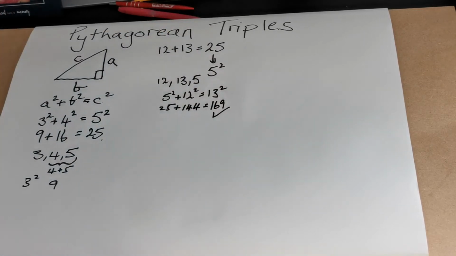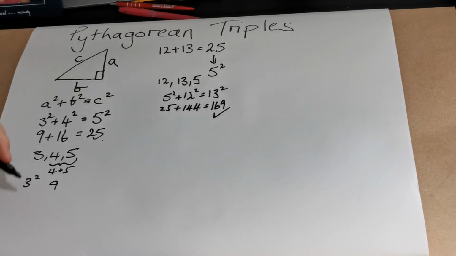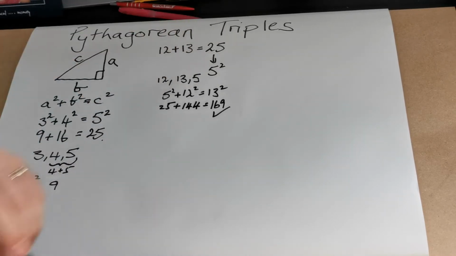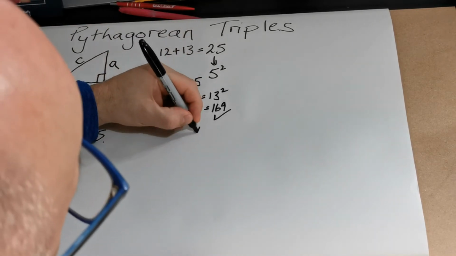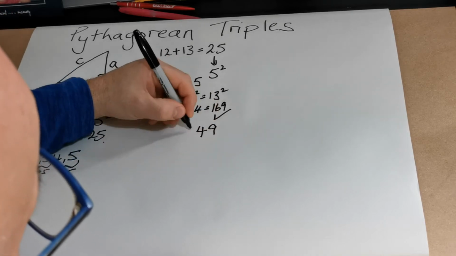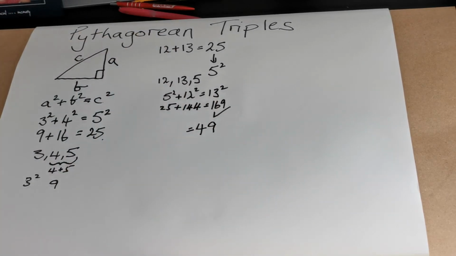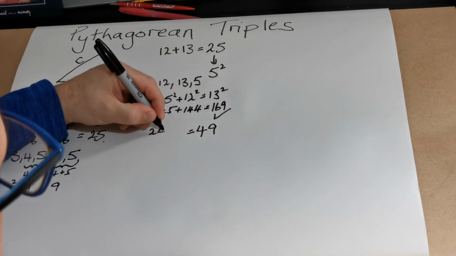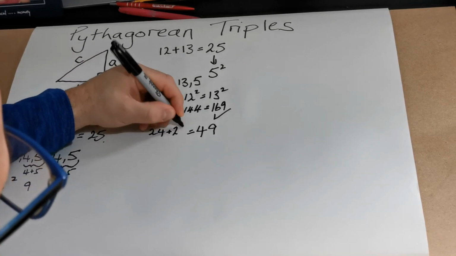True. So if we were to go through the odd numbered square numbers, we've got 9, we've got 25. The next odd square number would be 49. And to pick the consecutive numbers that add together to give that would be 24 and 25.